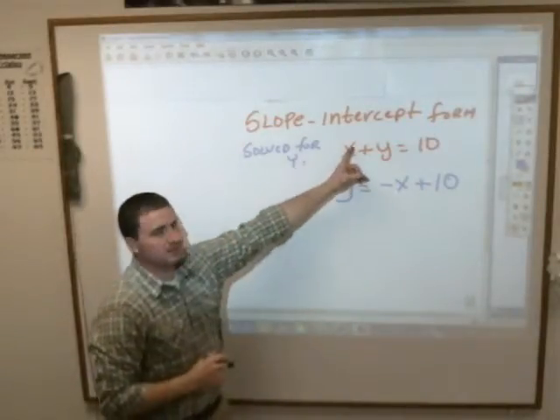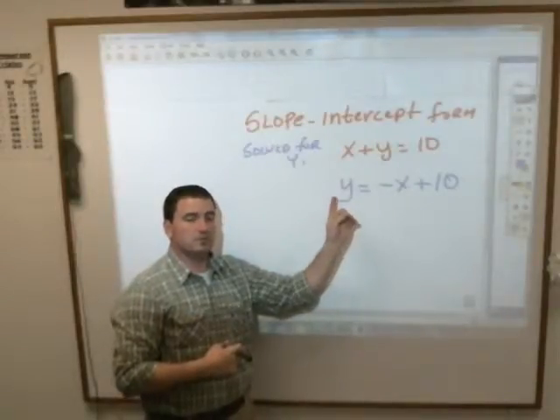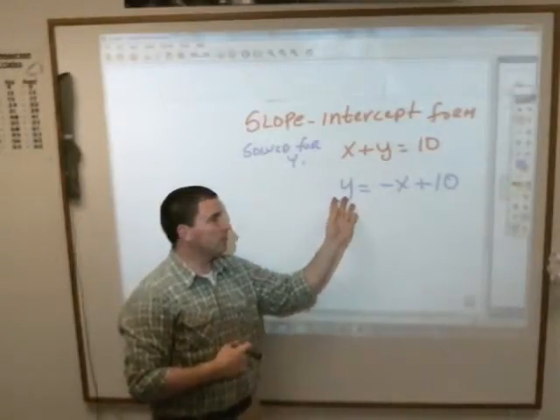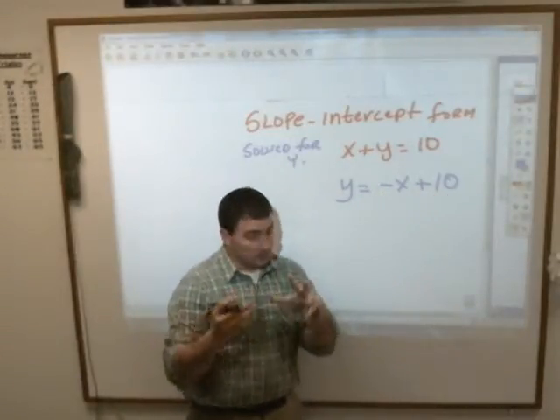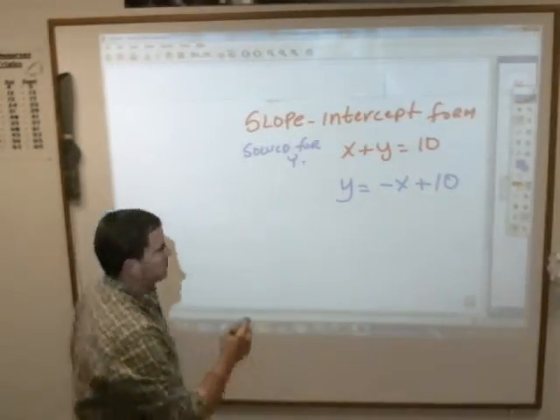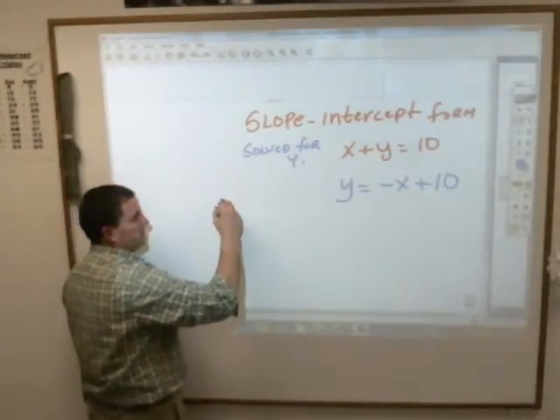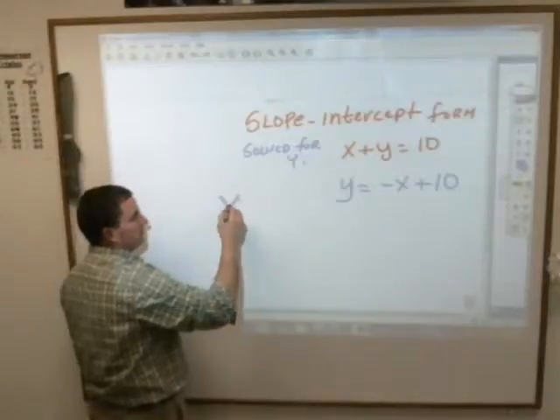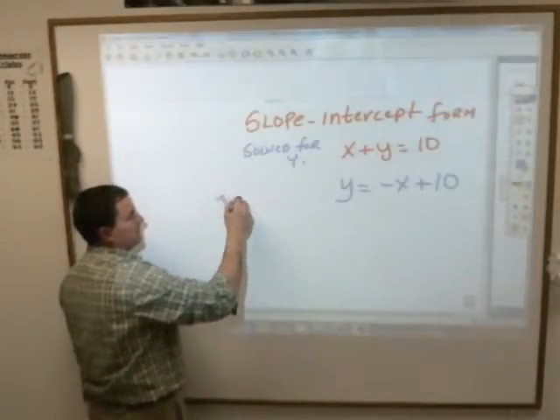This is in standard form. This is in slope-intercept form. Slope-intercept form is solved for y, has an x term there and then a number there. The generic way we show this, here's what you'll see in math for the rest of your life, is this. Write this down in big, bold, bright, beautiful text and color.